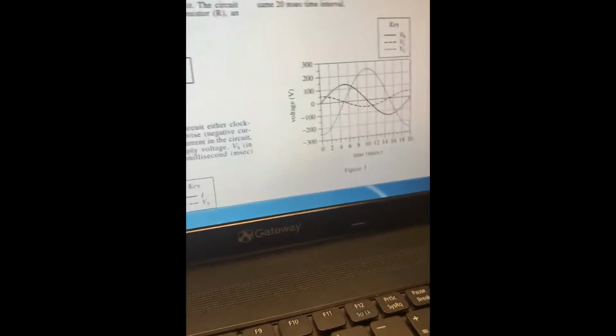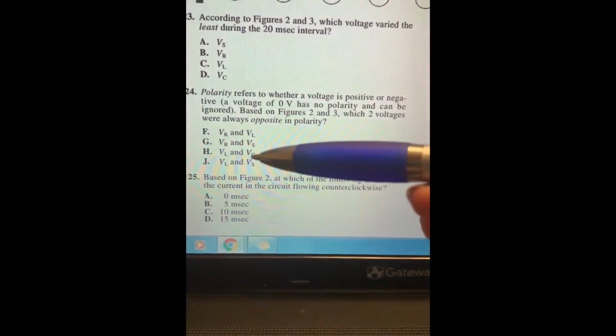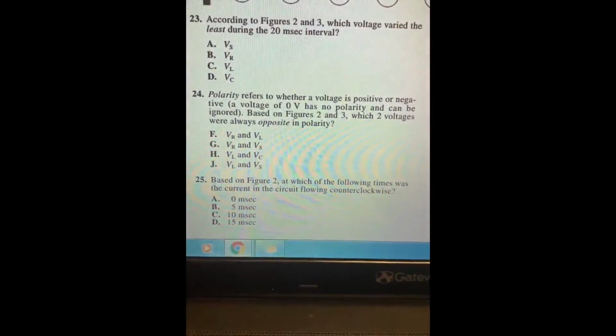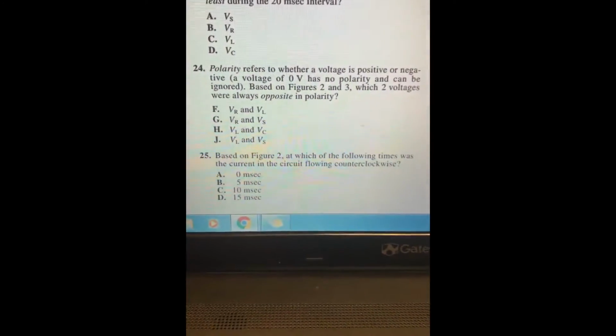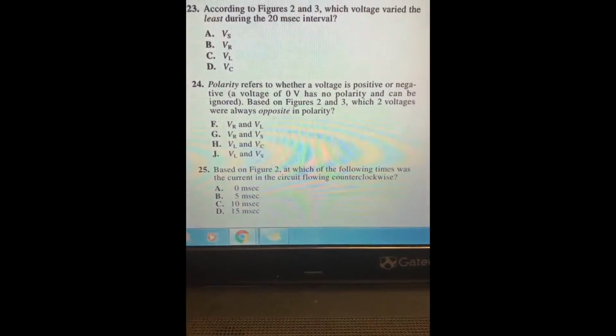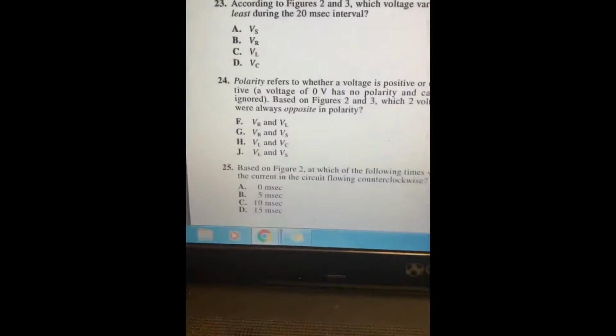Go back and look at the graphs all together and see which ones are opposite in polarity. In this example, it's going to be VL and VC. So you go back and you choose the answer choice with VL and VC, and then you're done. I know this might be very common sense, but it's a tips video, so why not?